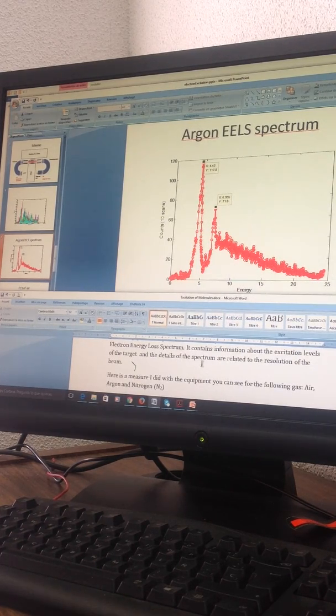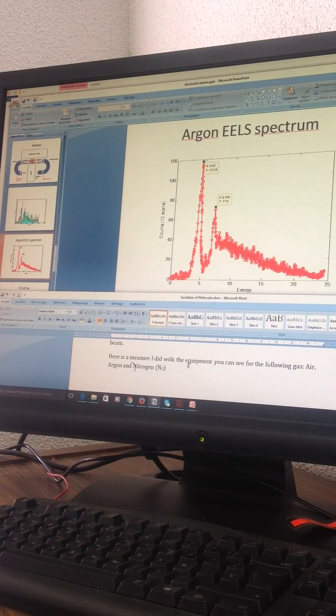If you can see structure like the vibrations of the molecule, it means you have a good resolution. Here I don't show measurements of all the gases, but I did them with the equipment: air, argon and nitrogen. I will just present air and argon.